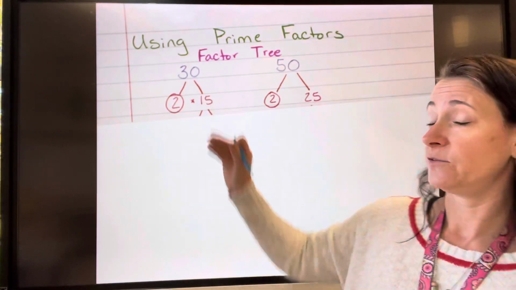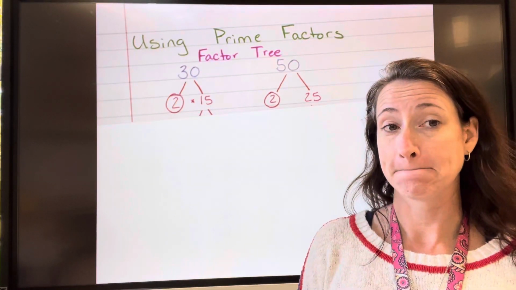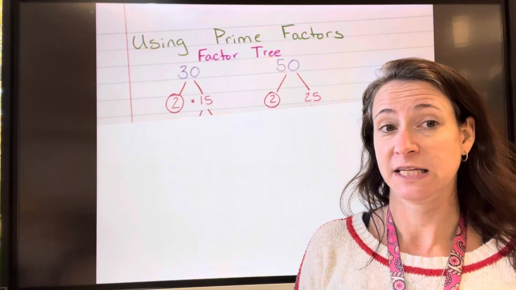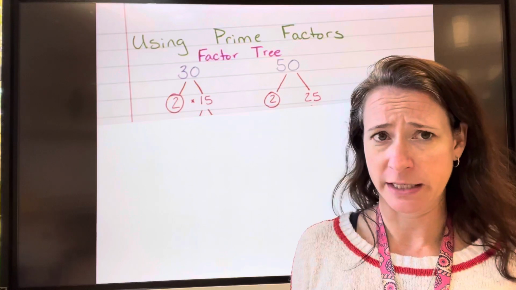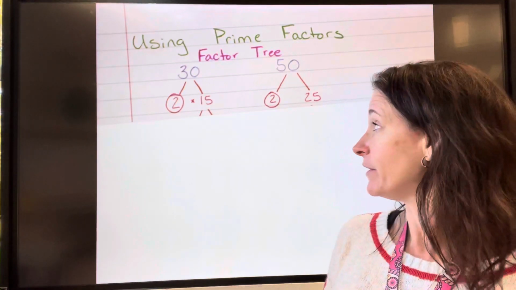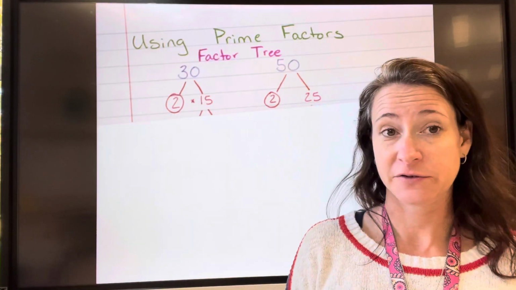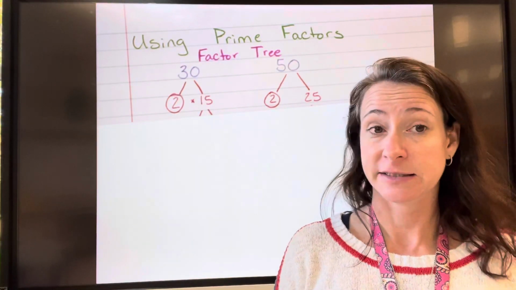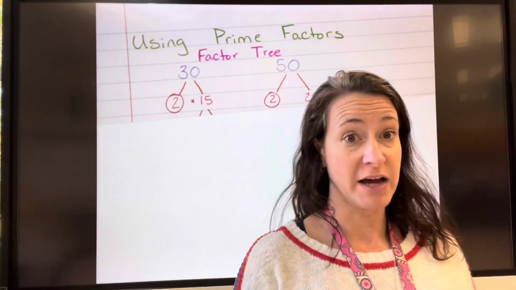So if we look at 15, what are the factors of 15? Well, 1 and 15, but we know it's never 1 and never the number itself. So the next one, it's not an even number, so 2 is not a factor of 15 or 25. It does end in a 5, so 5 is a prime number.